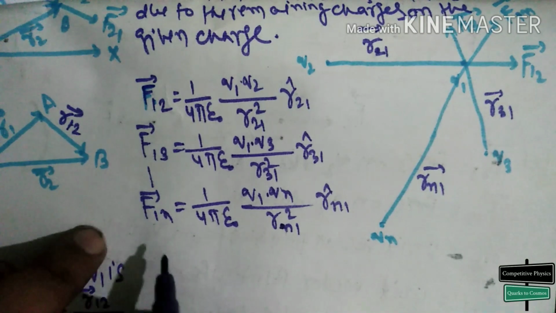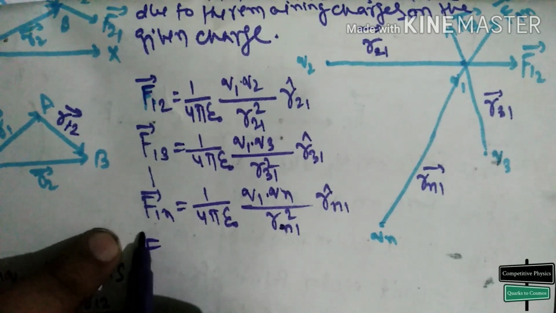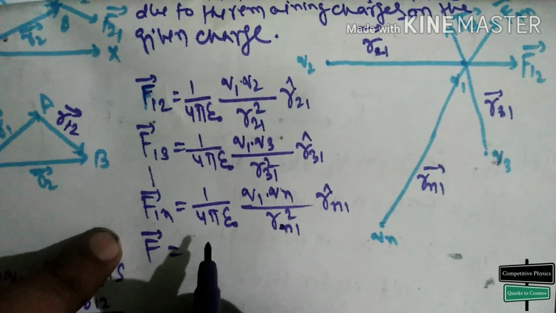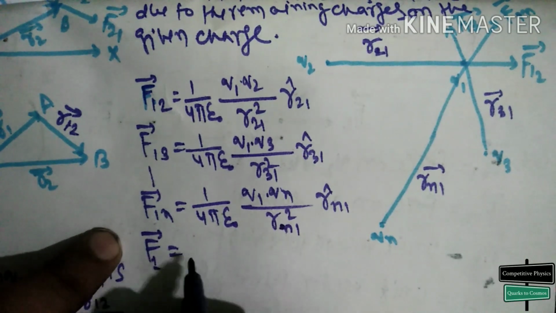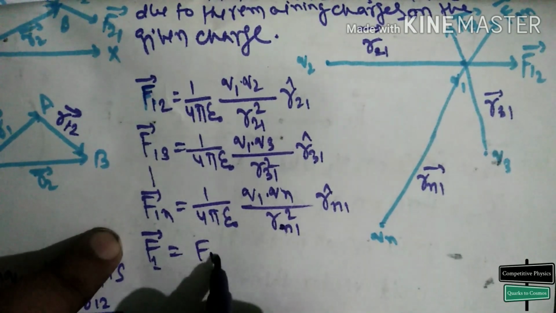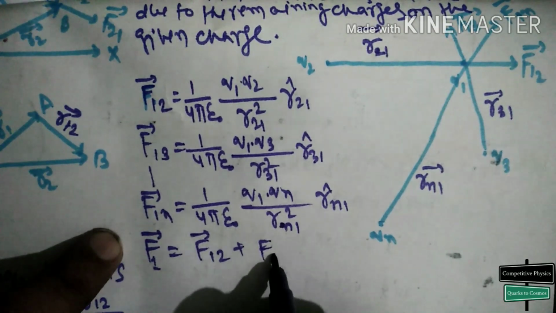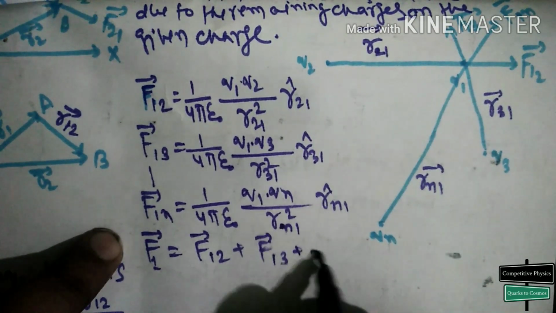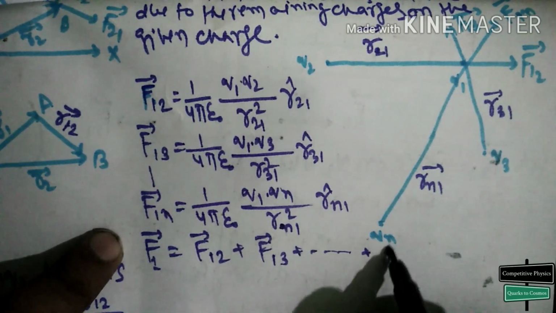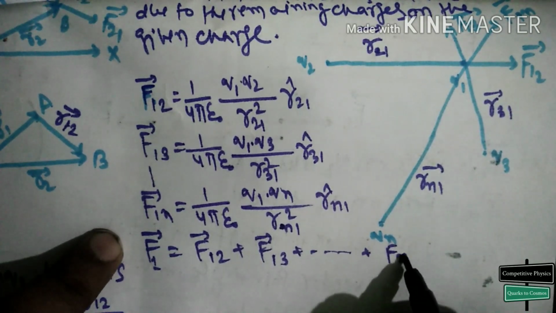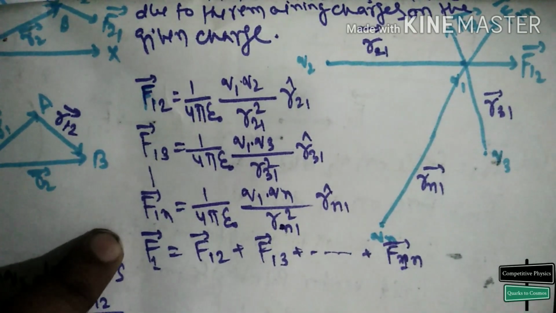So the net force on charge 1 will be the force due to the second charge on first plus the force due to the third charge on first, and so on up to the force due to the nth charge on the first charge.